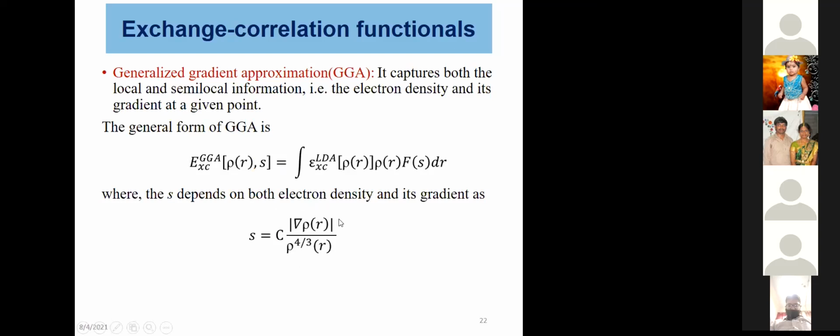So if you want to imagine it, the GGA functional for the estimation of exchange and correlation energy in the many body interacting system is composed of the local density around that electron, or around that nucleus, where we have considered one single electron, and how the density is changing with respect to space.